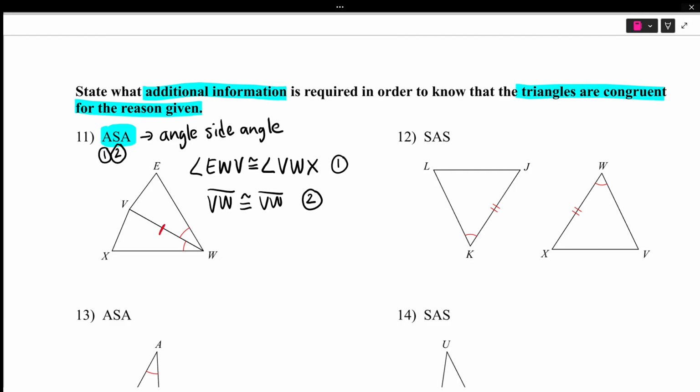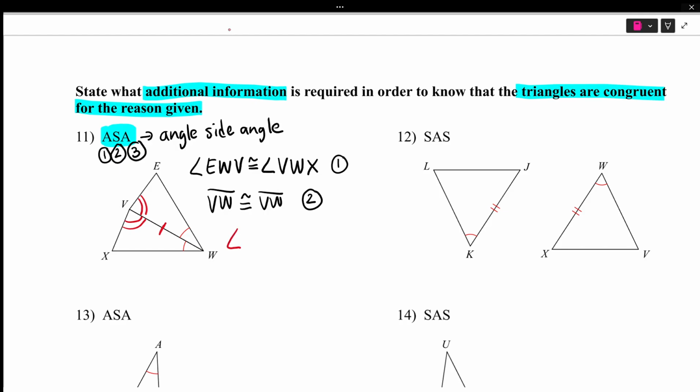So now we have a pair of angles, we have a pair of sides. Now we need another pair of angles. So where would that one be? That last one is going to be right here. It has to be those two angles because it has to go in order: angle, side, angle. So let's state that.